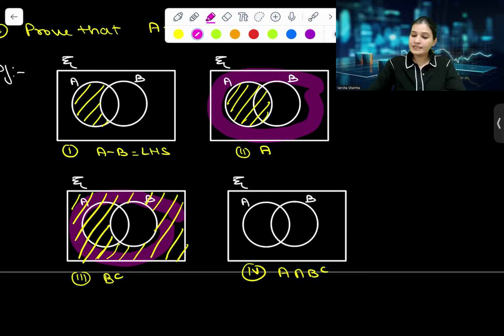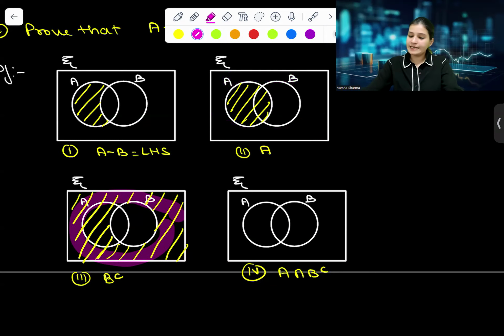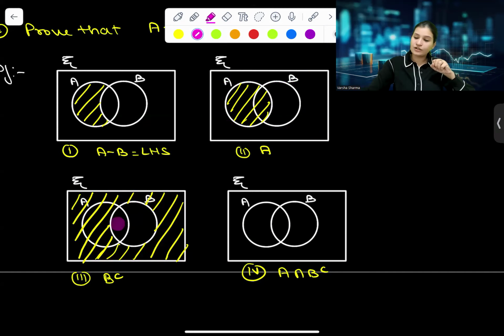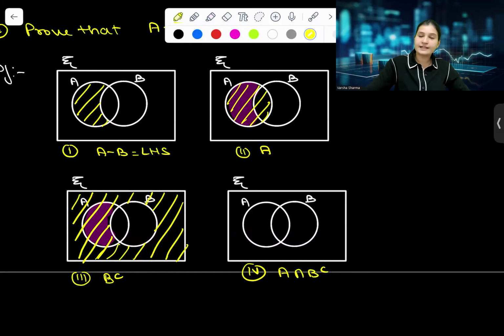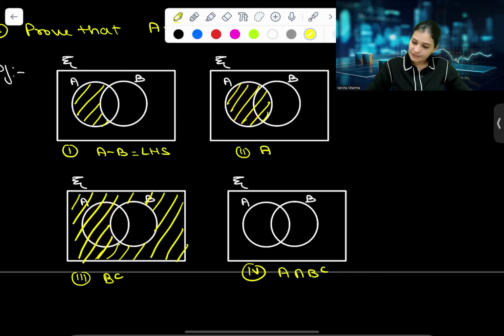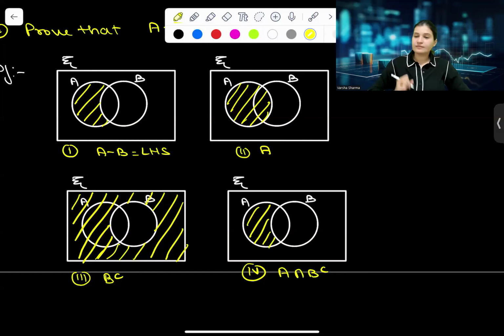Now, the intersection part is not shaded here, but it is here. Again, I can't take that as common. So the only part that is common is these two regions, right? So we'll shade this part.